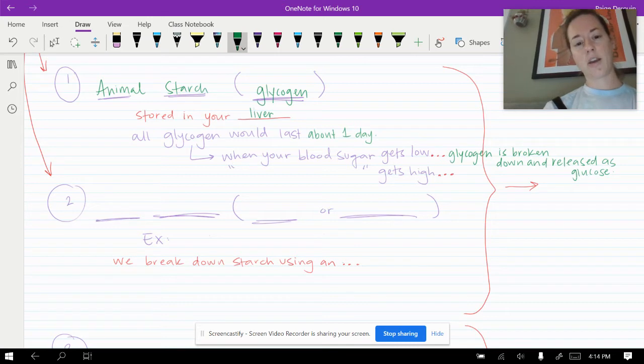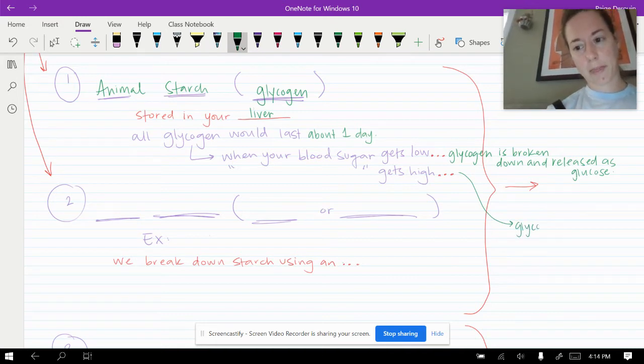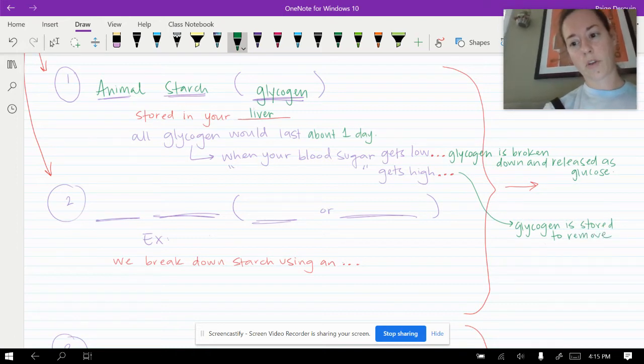And then when your blood sugar gets high, I'll put this down here, glycogen is stored to remove glucose from blood.